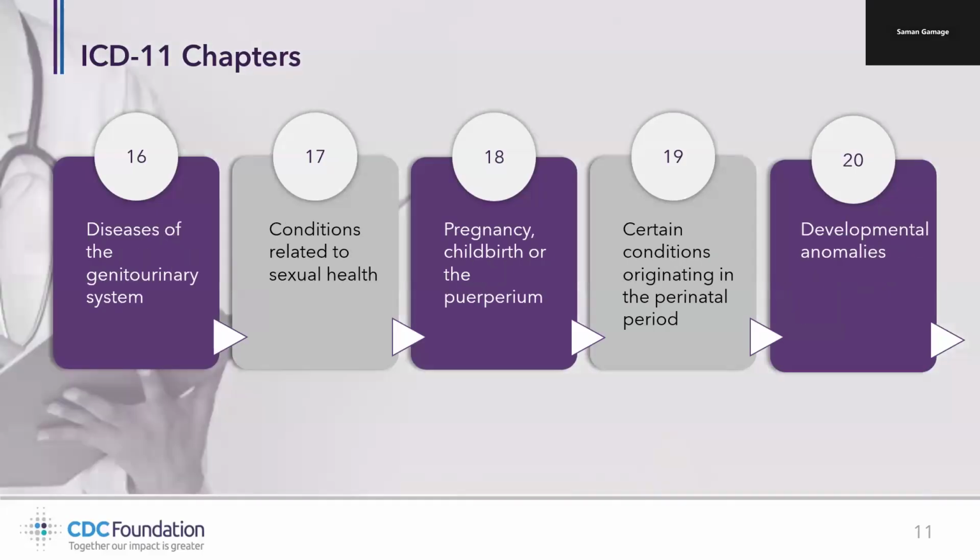Chapter 16 covers the diseases of the genitourinary system. Chapter 17 is a new addition which covers conditions related to sexual health.